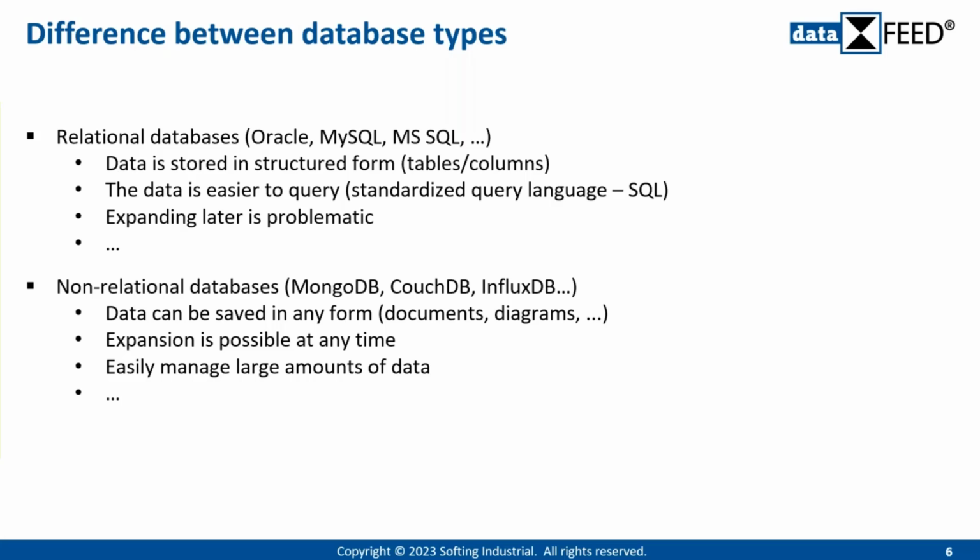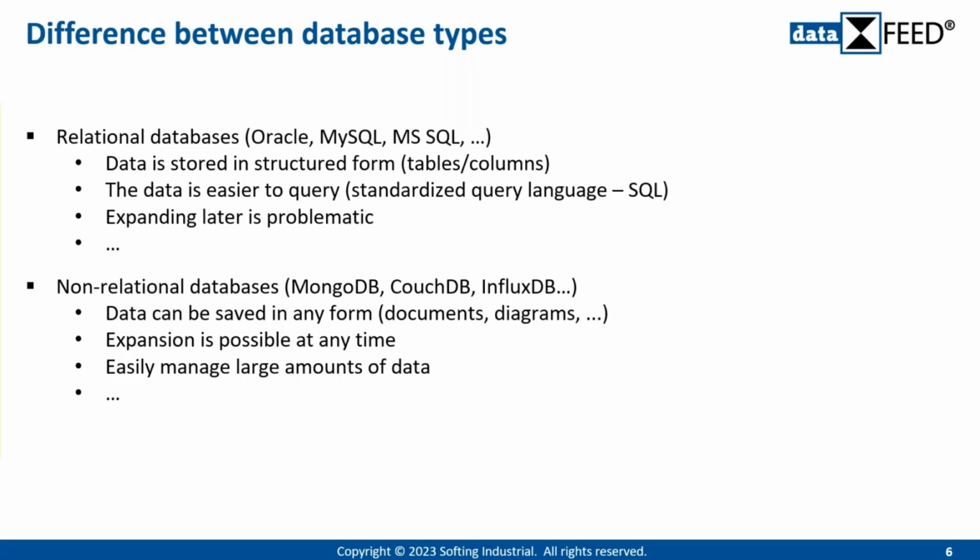The data is easier to query. There exists a standard query language, SQL. But one big drawback of all this, expanding data is problematic. To add an additional column or some additional tables always generates effort, and it's not so easy later on also if you take a look at the data. These are, from my personal view, some big topics for these relational databases.